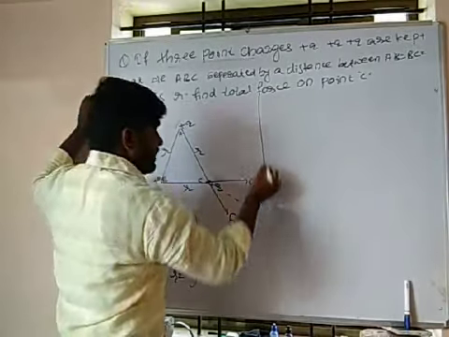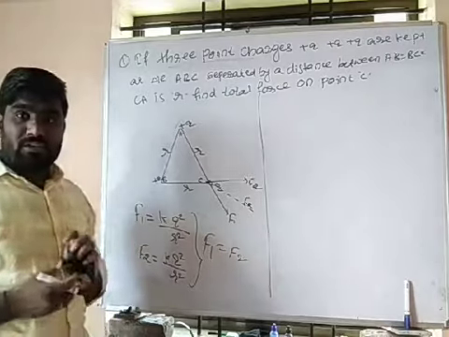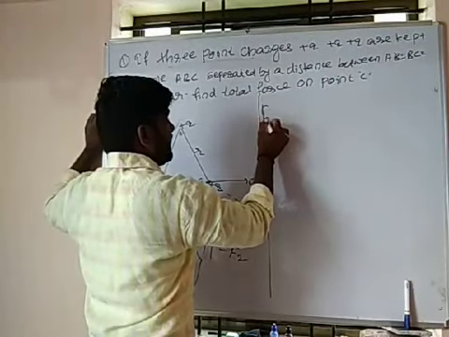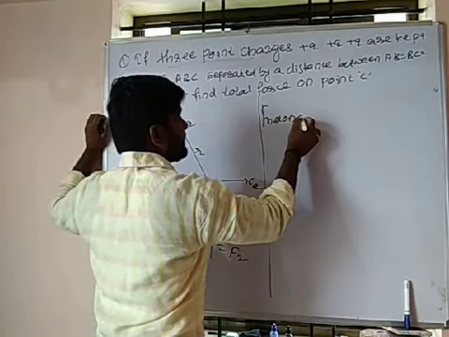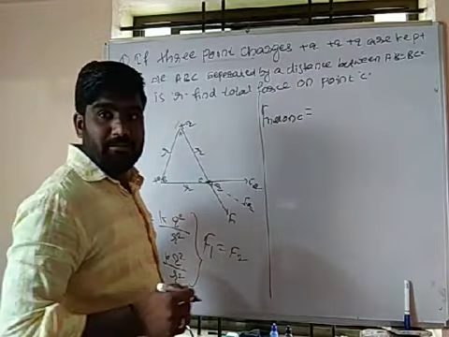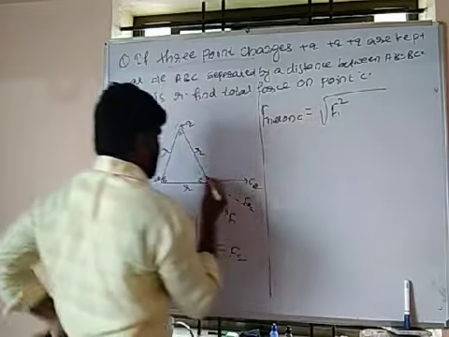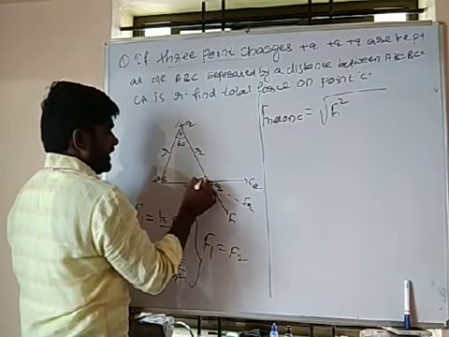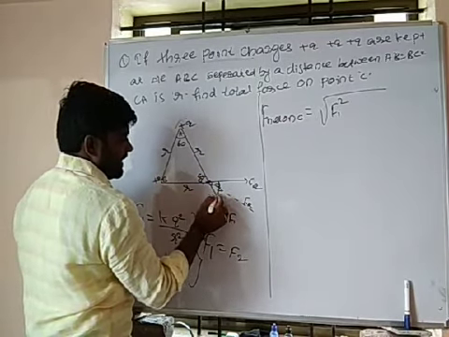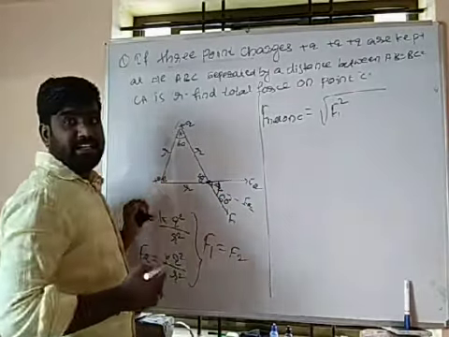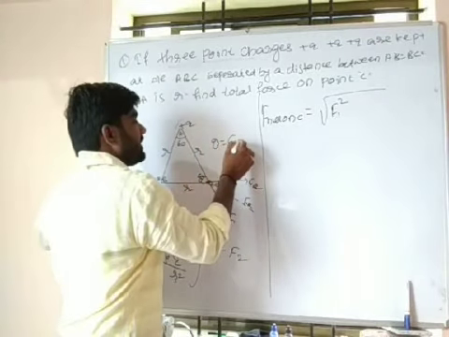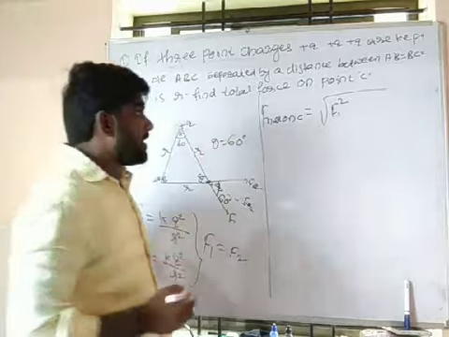Next see, here F1 is known, F2 is known. Then F net on C is equal to, what will be your formula? Root of F1 square plus F2 square plus 2 F1 F2 cos theta. If it is 60 degree, it is also 60 degree. This angle must be what? 60 degree. Then shall I write this theta is equal to 60 degree.